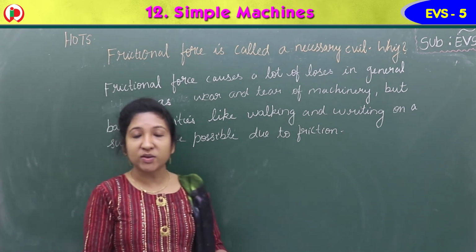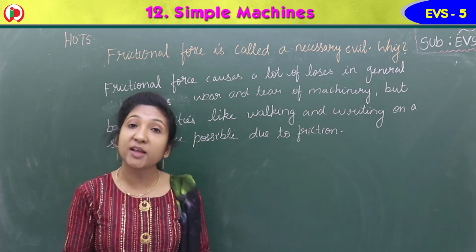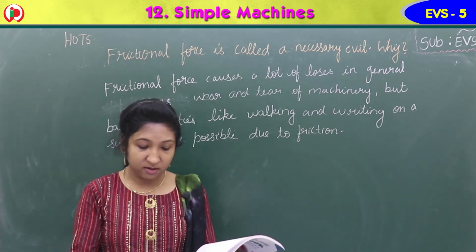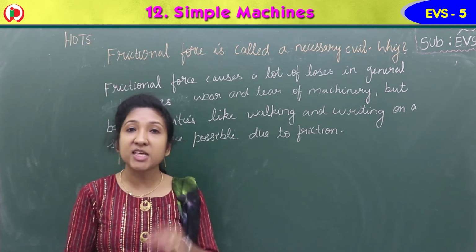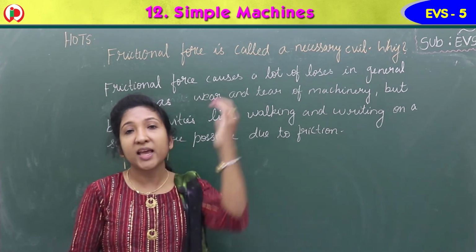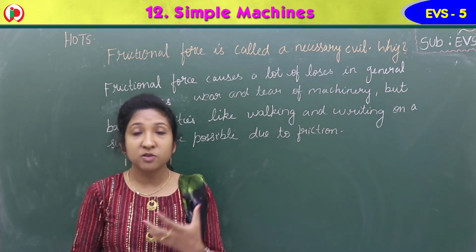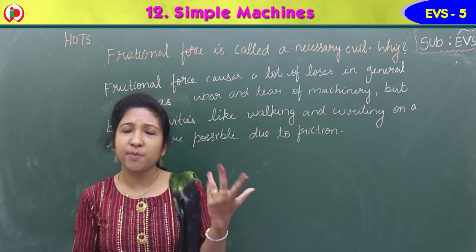Next, a value based question. What values have you learned from the lesson? Suppose your mom is feeling very weak. She is not able to do the daily routine tasks. What will you do? Will you help her using your energy, or will you leave it and think, why should I help, I will go and play?